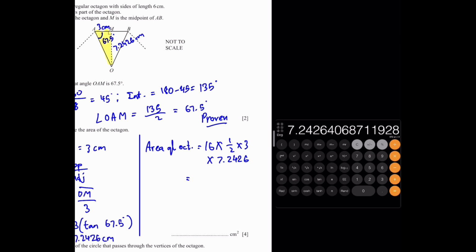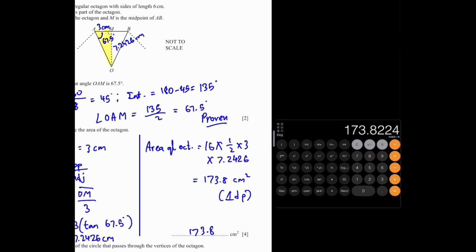Let's do that on our calculator: 7.2426 multiplied by 3, divided by 2, multiplied by 16. So it will be 173.8 centimeters squared, approximated to 1 decimal place. And that is the answer to this question.